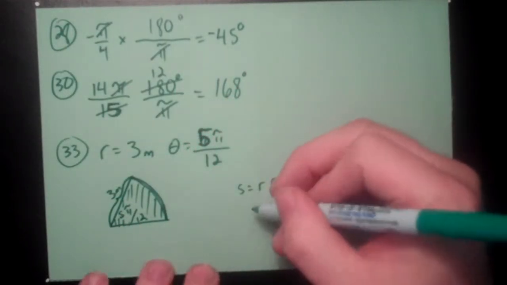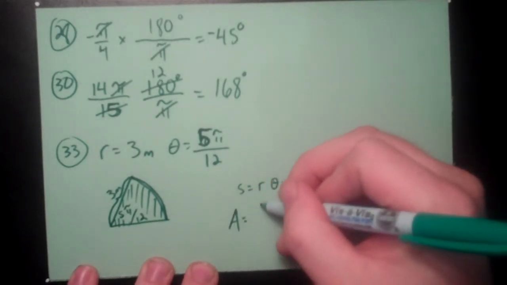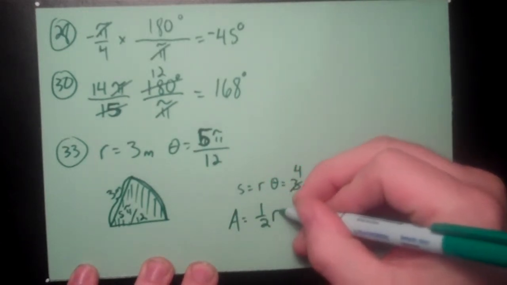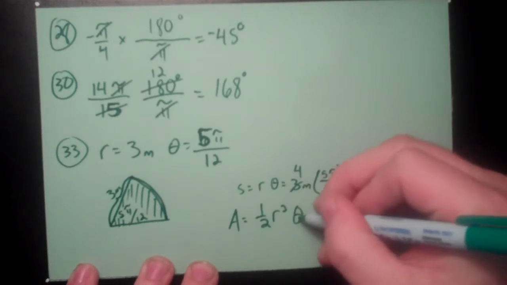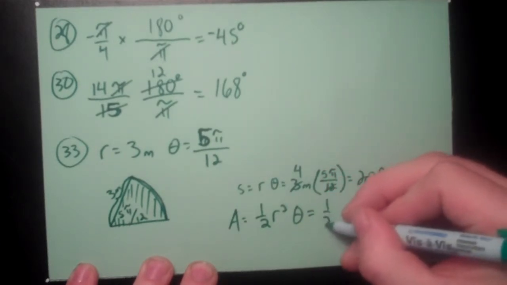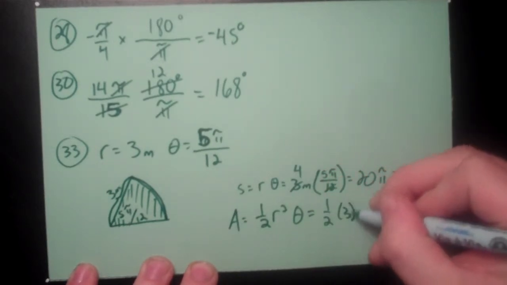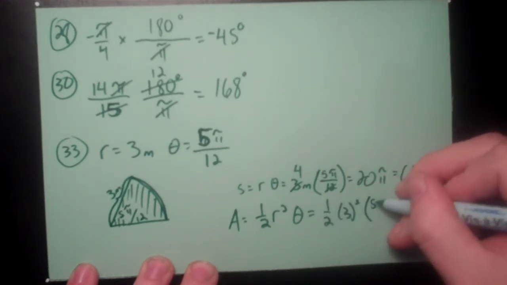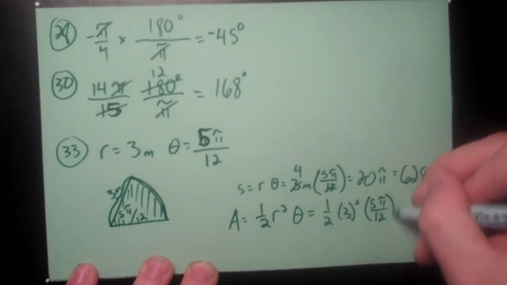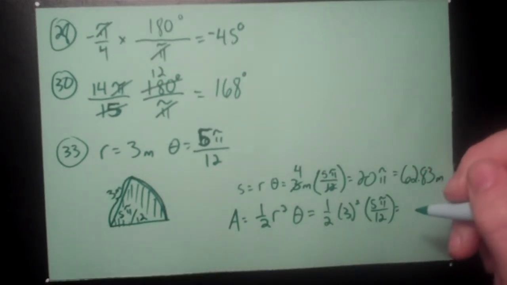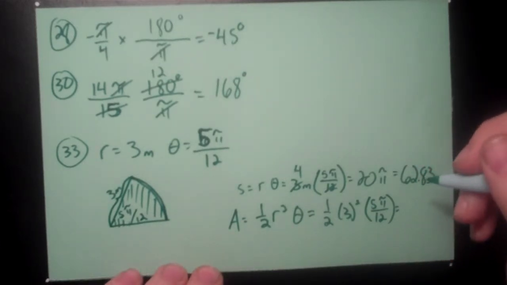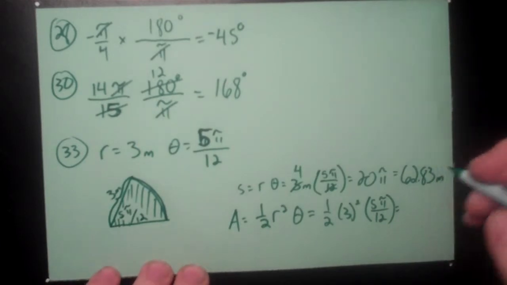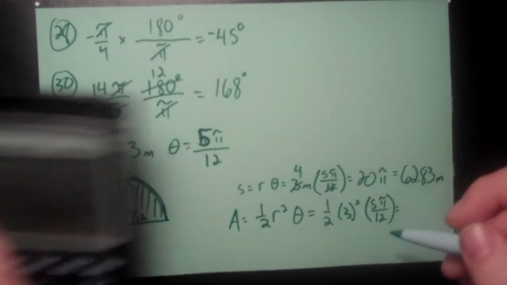The area is 1/2 times r squared times theta, making sure it's in radians. 1/2 r, which is 3 squared, times theta, which is 5 pi over 12. Let's see. Nothing's going to cancel out very nicely. So we can just throw all this in there.